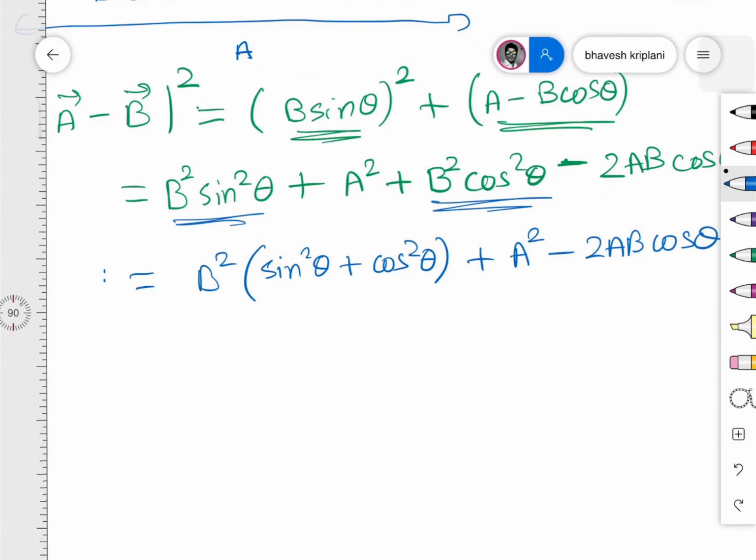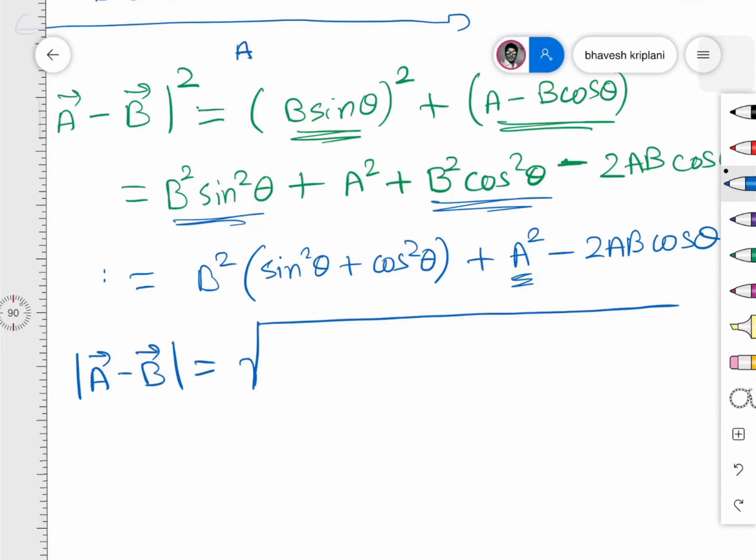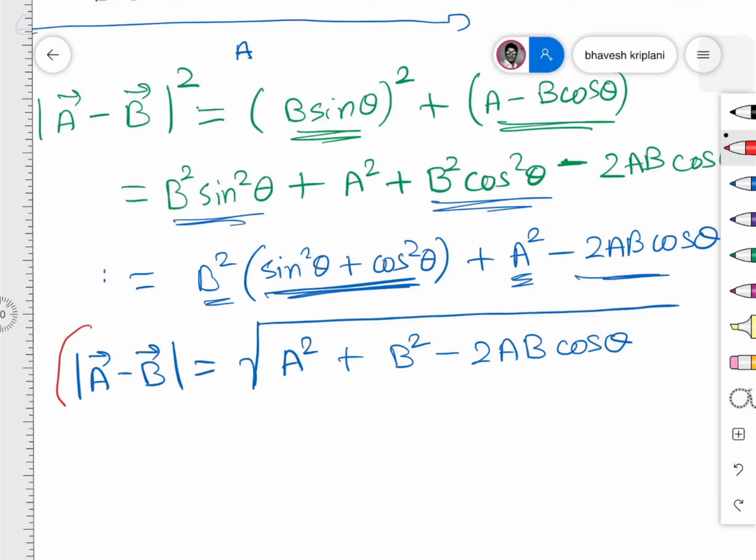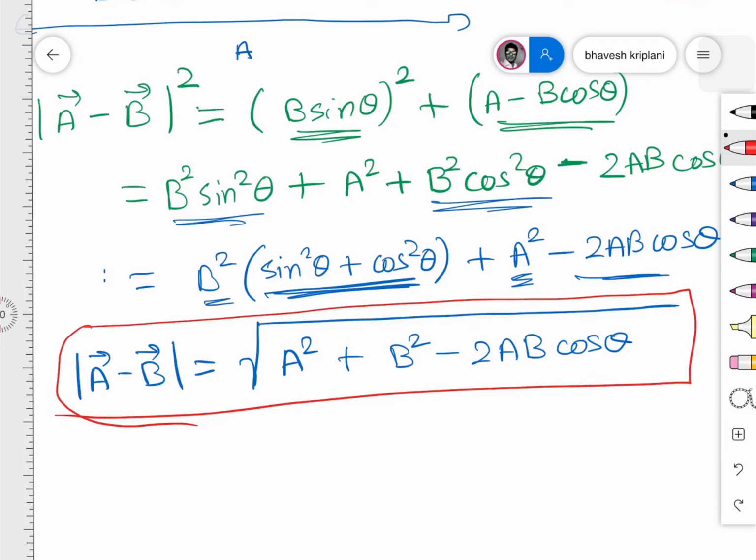So again, the magnitude of a vector minus b vector will now be equal to root of, we take a square, sin square theta plus cos square theta is 1, so we are left with b square, then the last term minus 2ab cos theta. This is the formula for finding magnitude of subtraction of two vectors.